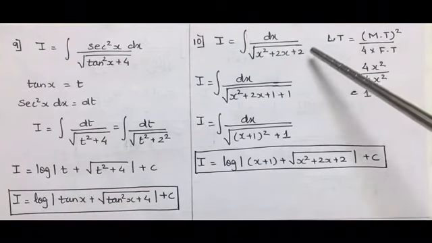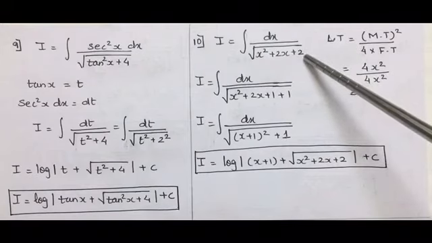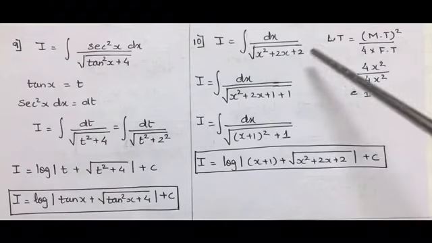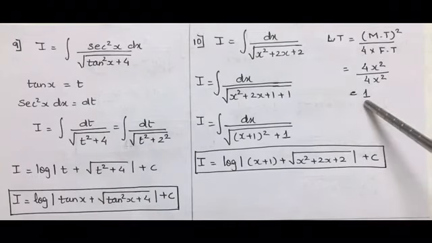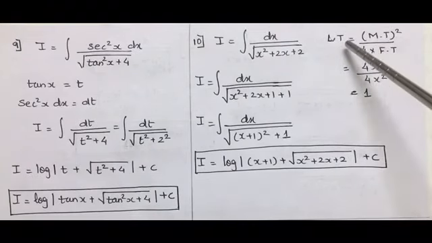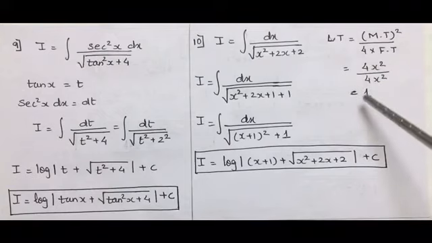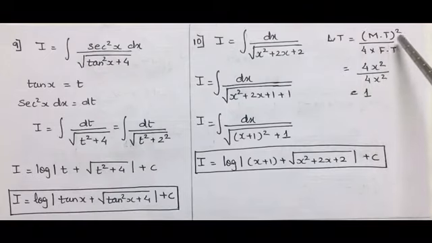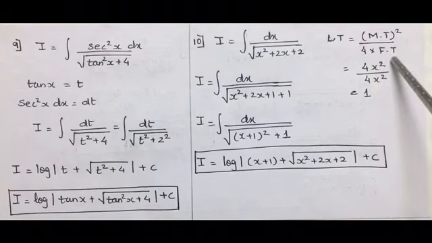Now why the last term? Because the last term is a constant which can be easily adjusted. So the constant part is to be adjusted, taking it as the last term. Now the last term formula in a perfect square is middle term square divided by 4 into first term.